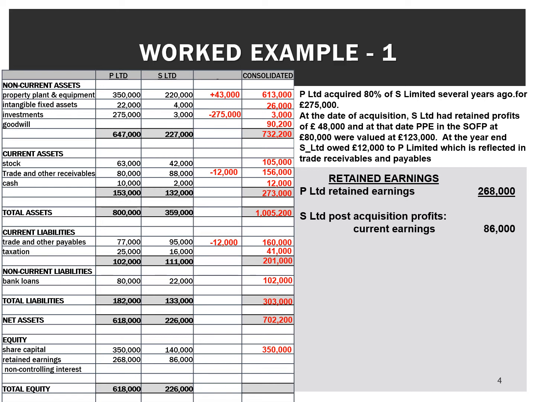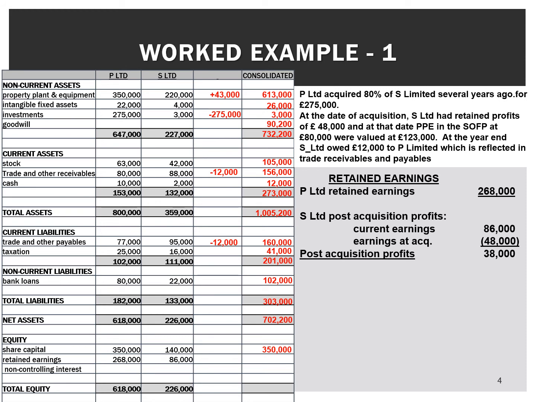That's given to us in the question. That's the 48,000. The difference between those two must be the retained profits that S Limited has generated since the date we acquired 80%. So those are the post-acquisition profits.